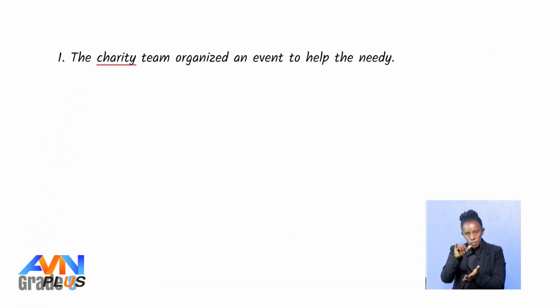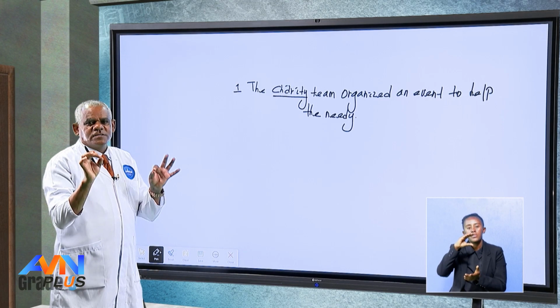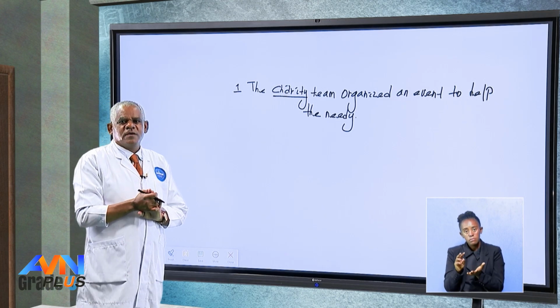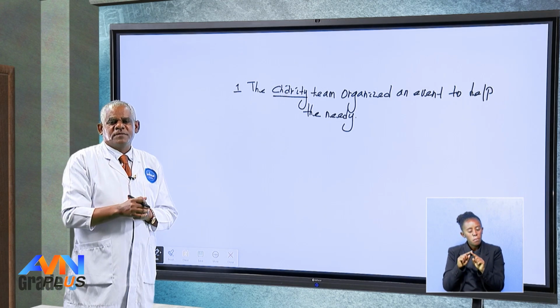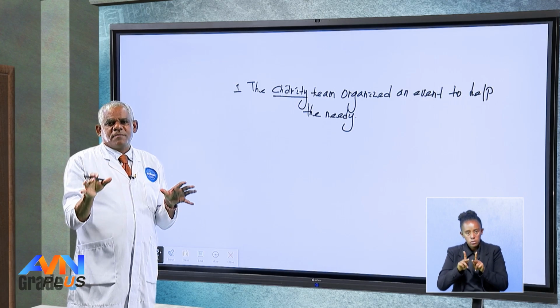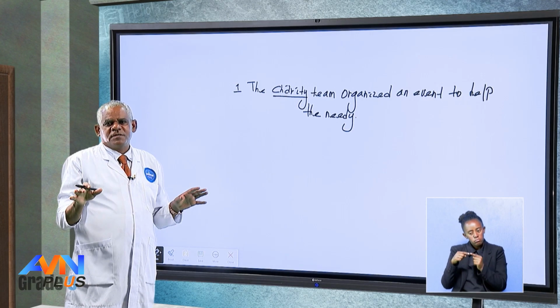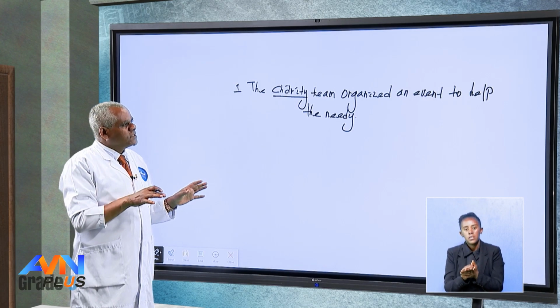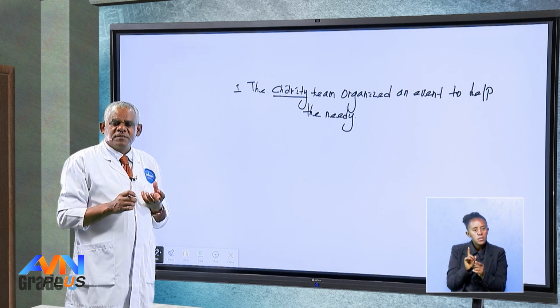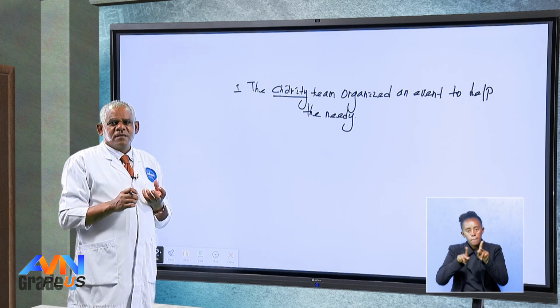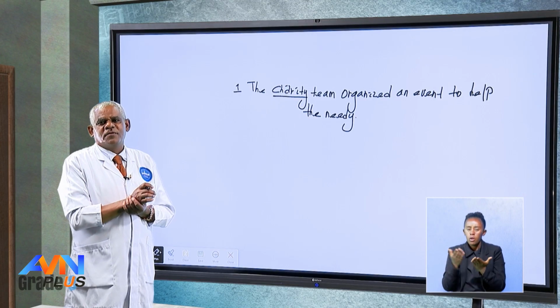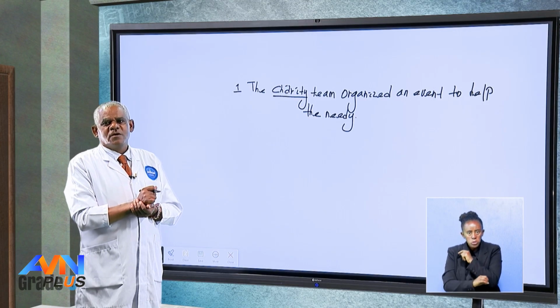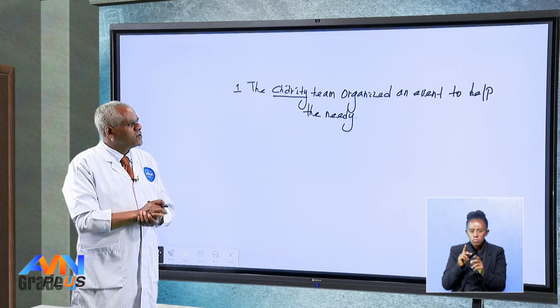The charity team, charity here now, stands for referring to a specific group of people who come and stand for a special purpose. Their purpose is to help those needy people. You are welcome to go and visit some of the local organizations who are highly working here in Ethiopia.